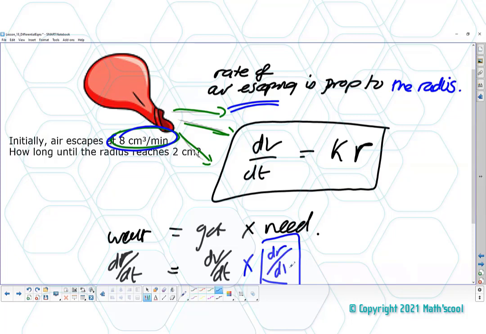dr by dV. Yeah. Now, where are we going to get dr by dV from? I mean, it's not exactly as if everyone knows an equation connecting the volume of a balloon with its radius. How would you even know such an equation?